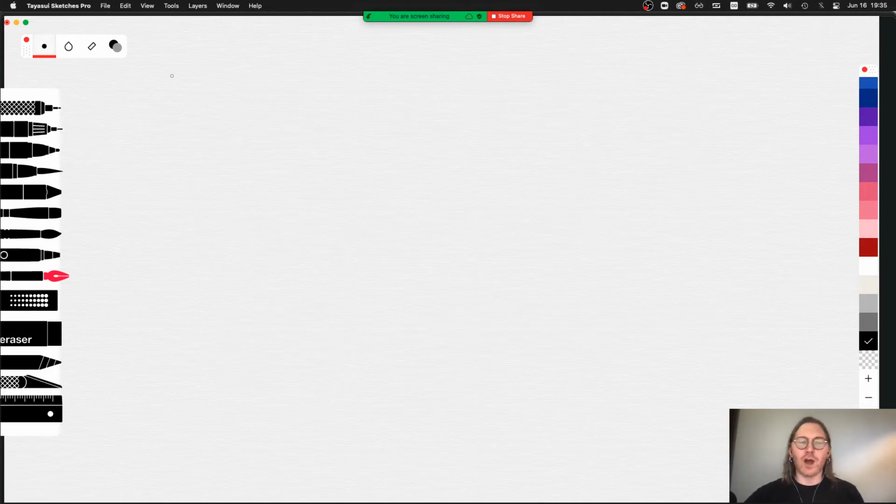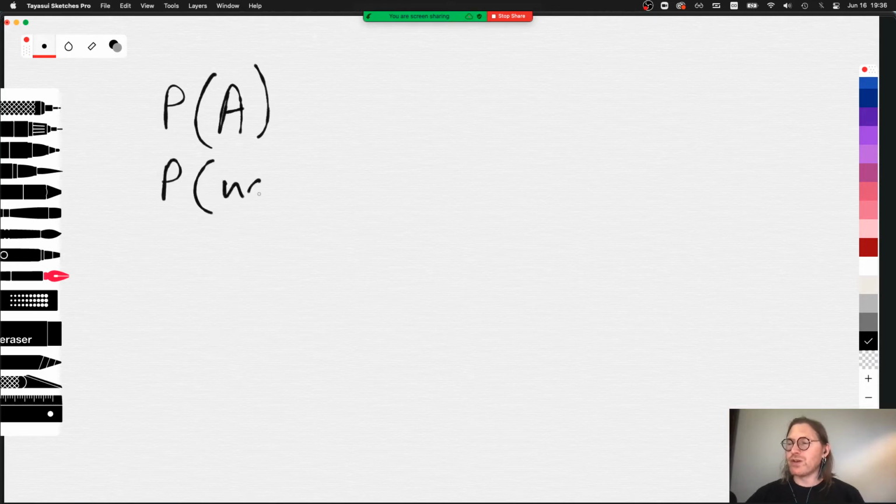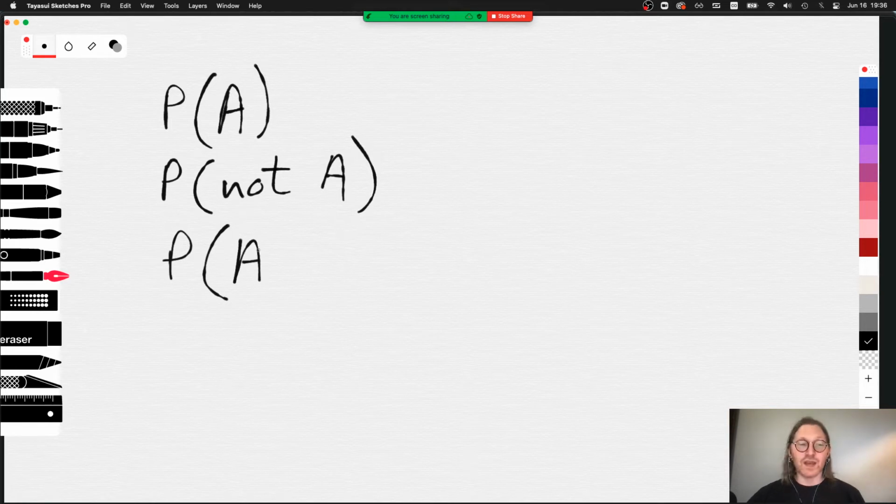So I did this P of A thing here, and maybe we should step back a little bit and talk about notation. This just means the probability of event A occurring. We can ask other questions. What is the probability of not A occurring, right? We can ask the probability of A intersect B occurring.